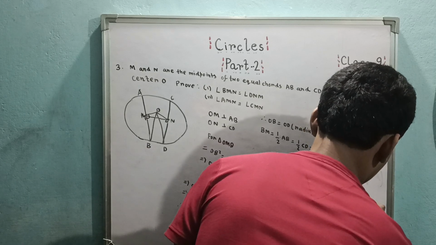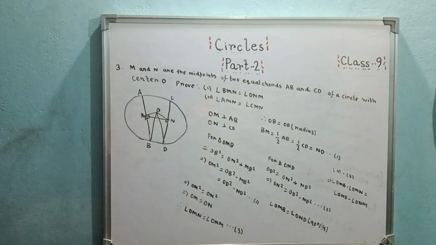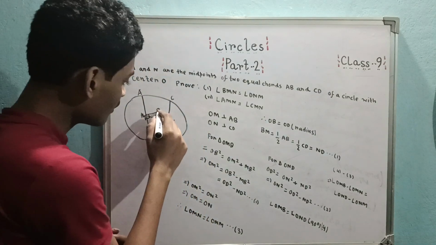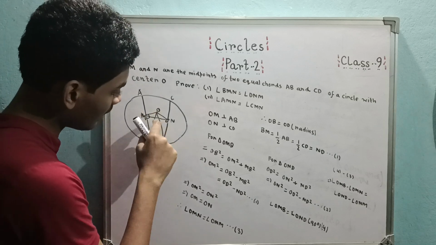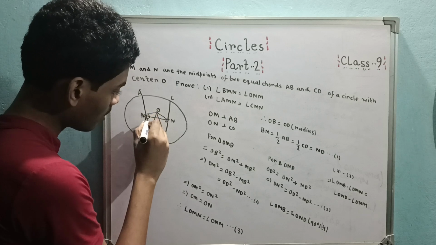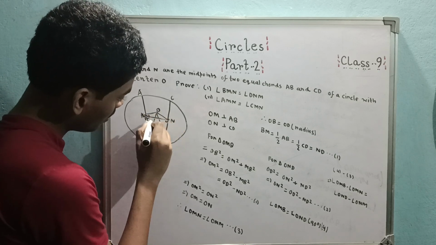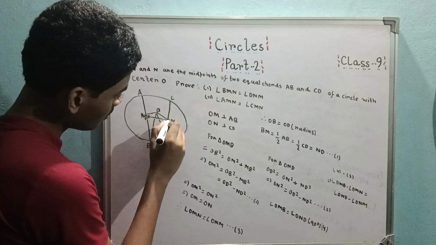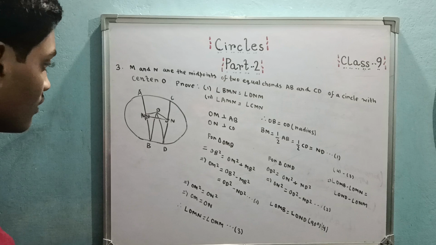Is this true? This is the angle OMB. From there you just subtract this angle OMN. Then you have this part remaining. That is BMN. Just see it.